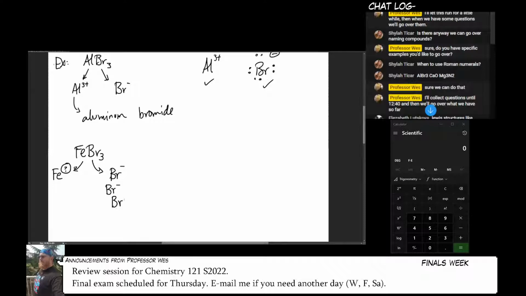So here's all my bromines. And we know the total charge on an ionic compound is 0. So therefore, if all my minuses add up to -3, my iron must be +3.